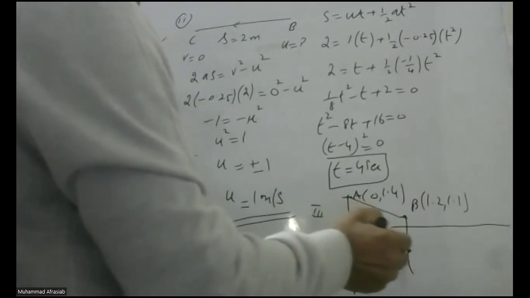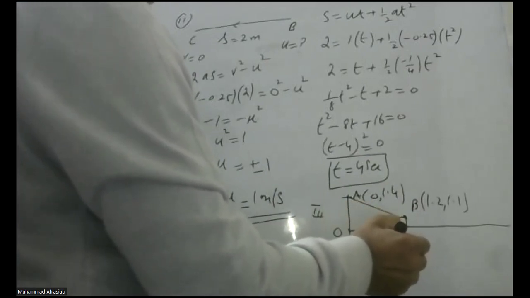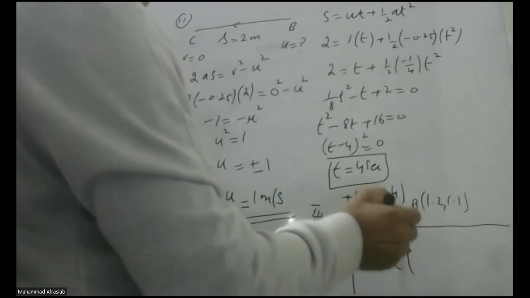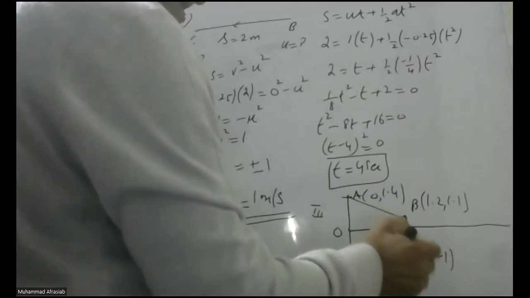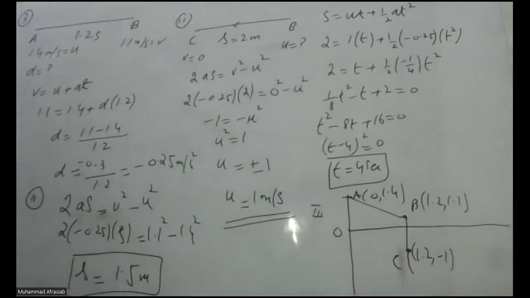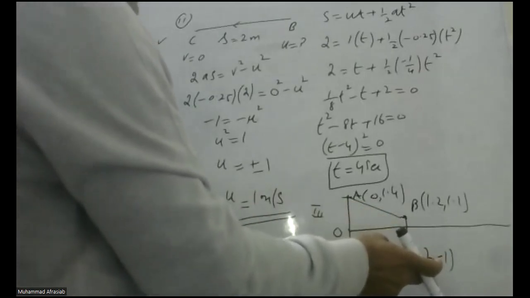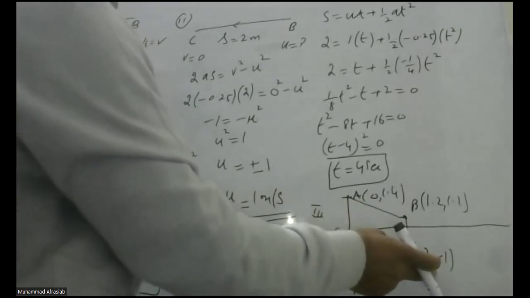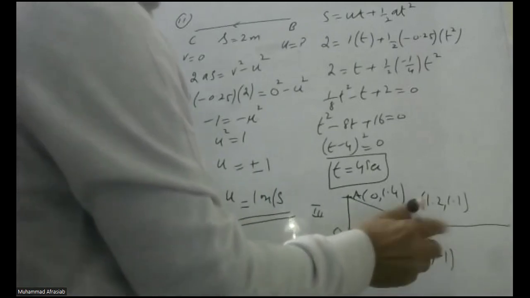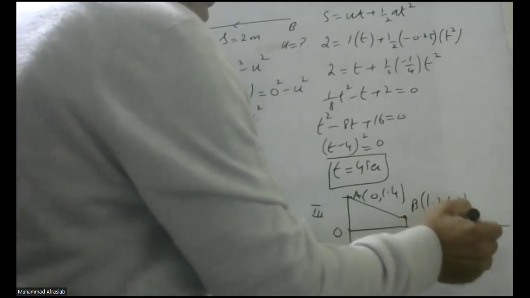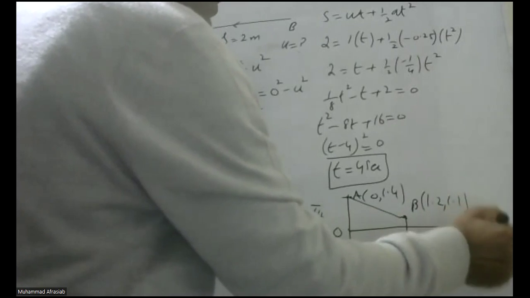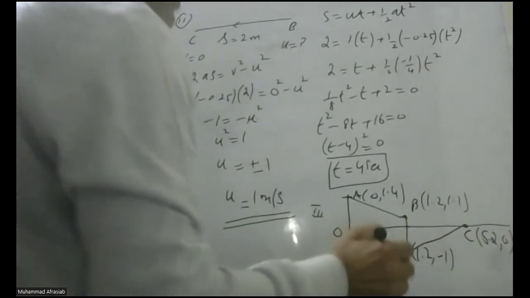So the speed of the object is minus 1 at time 1.2. So 1.2 and minus 1 is the position just after the bounce. Then it has taken 4 seconds to travel from B to C, so 4 seconds further, it will become 5.2, and it is going to be at rest at position C. So it will be 5.2 and 0 there.